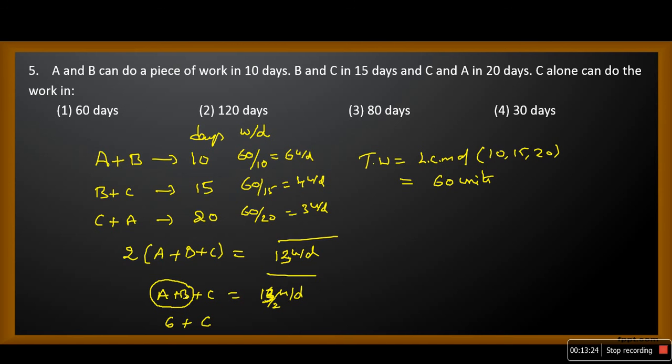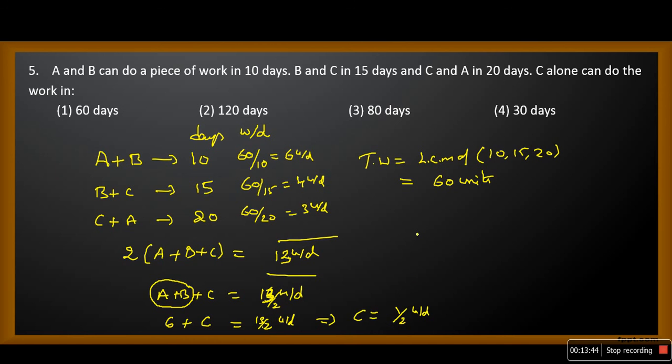A and B together are doing 6 units per day. With the help of C, they are doing 13.5 units per day. Implies C is doing how many units per day? Half unit per day. If C works alone, it will do half unit per day.